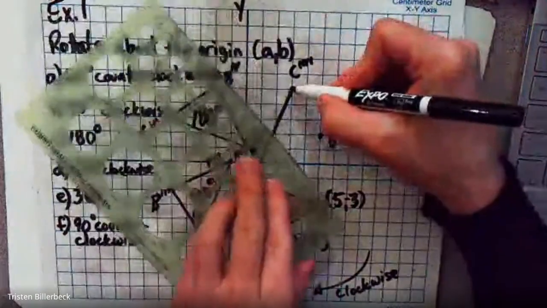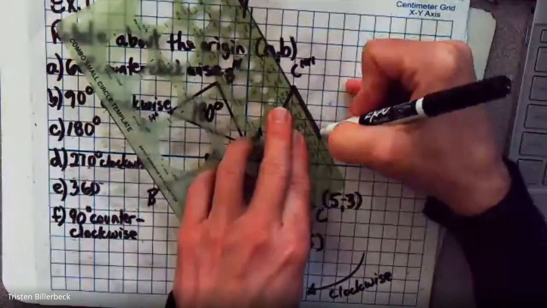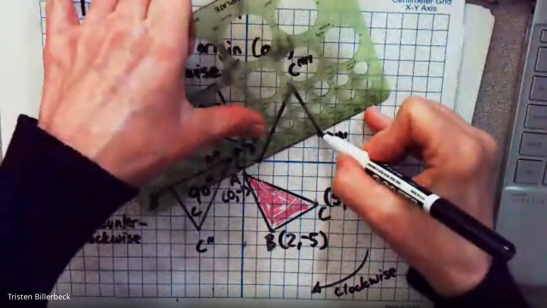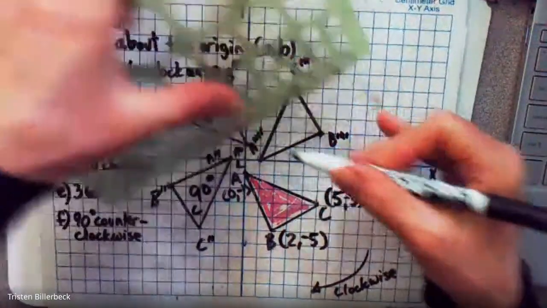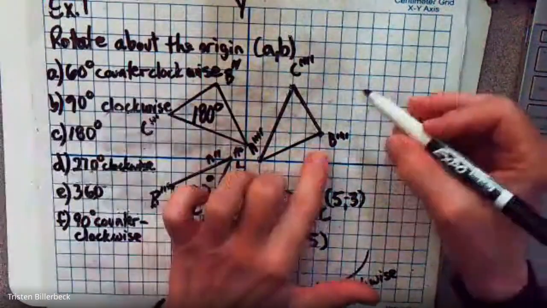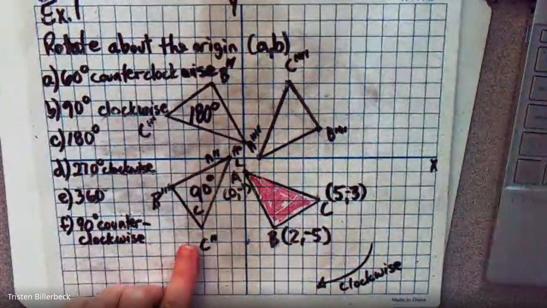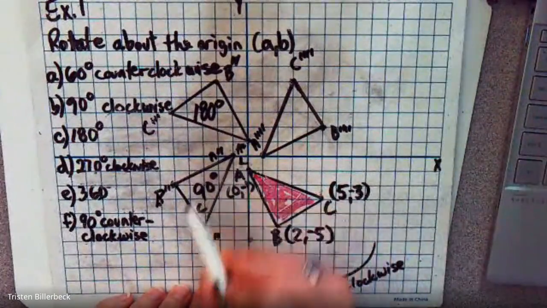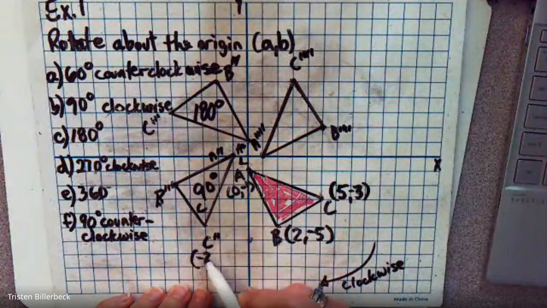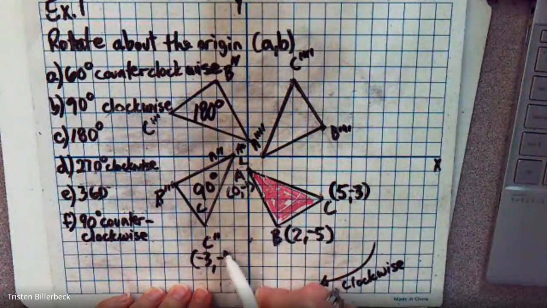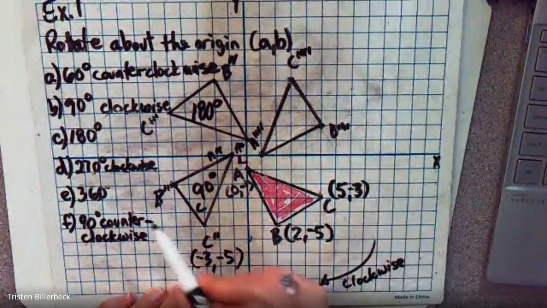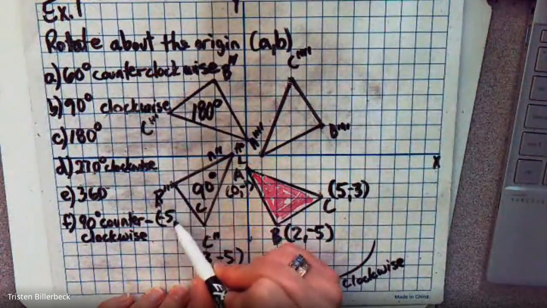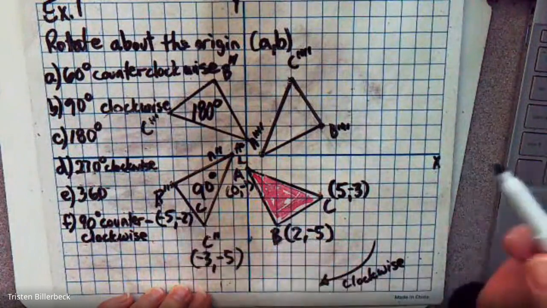Okay, so the interesting things we're going to find really quickly, and to save time, I'm only going to do a few of these. So if we look at the coordinates for 90 degrees, we see that our new coordinate is at -3, -5. And B prime, the new coordinates at -5, -2.